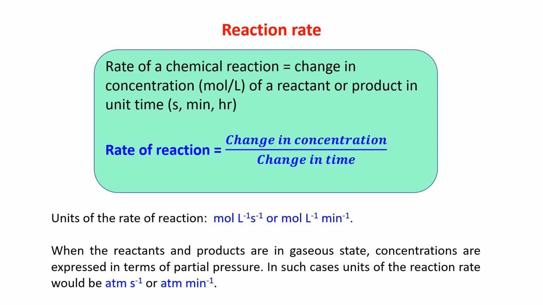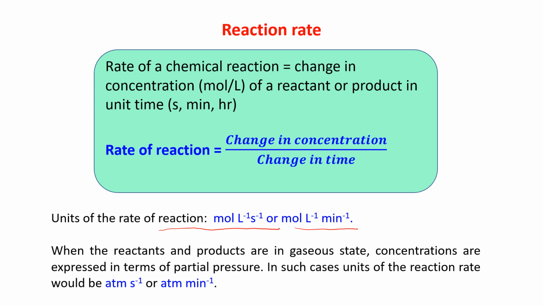Concentration is given in the unit moles per liter and time in second, minute, hour, whatever it may be. So the unit of rate of reaction is mol L^-1 s^-1.